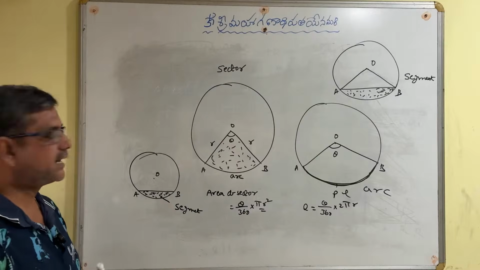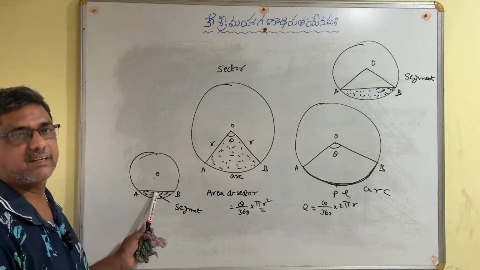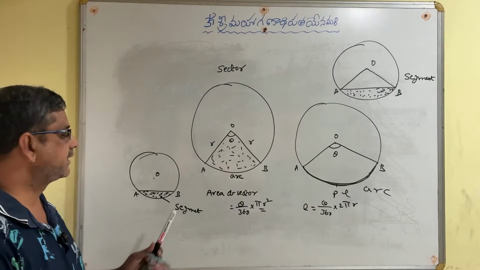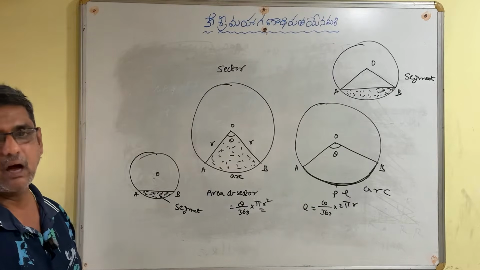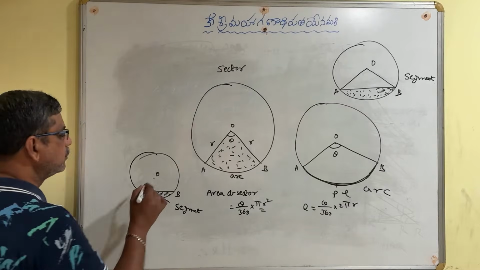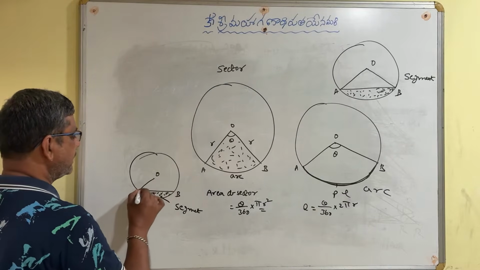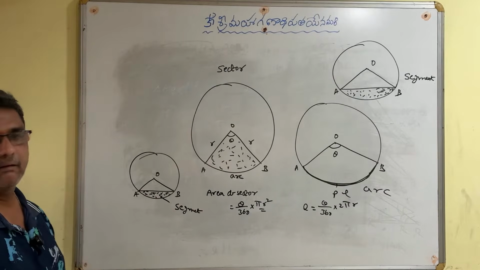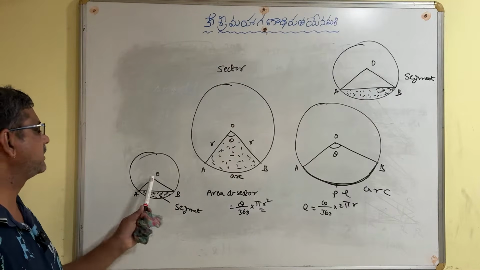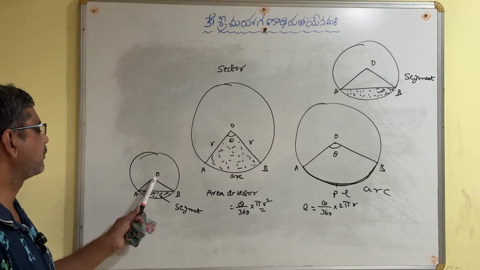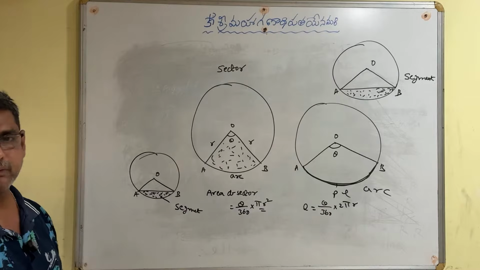The region bounded by chord of a circle and its corresponding arc, we can call it as a segment. How to calculate area of this segment? We have to join center with the endpoints of the chord. We have to join the endpoints of the chord with the center of the circle so that we can observe a sector over here, OAB sector.